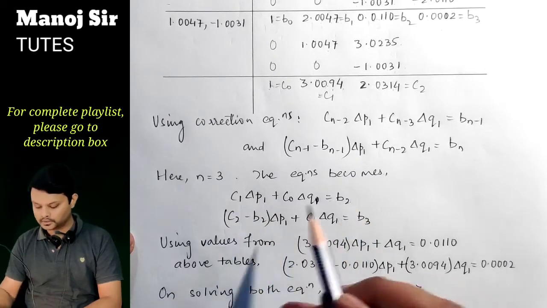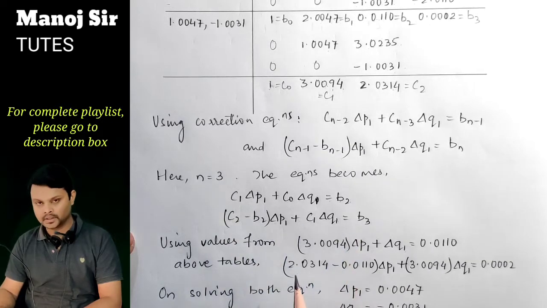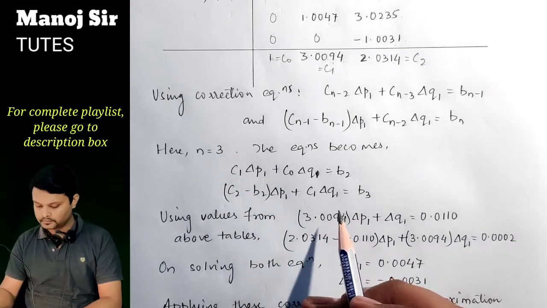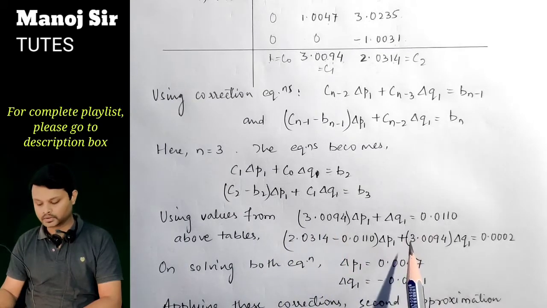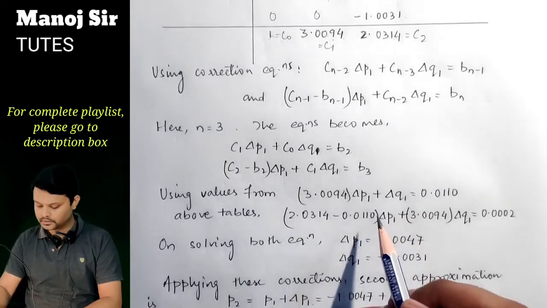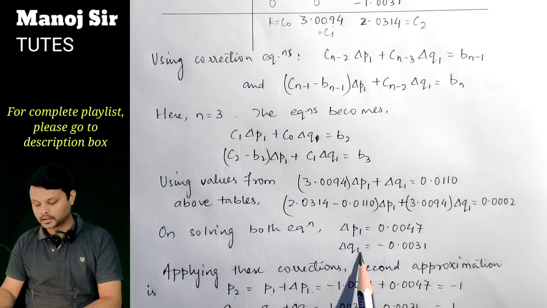You have all the values of C1, C0, B2, C2, B2, C1 and B3. On putting the values, the equations will be these two. Now on solving these two equations, you will get delta P1 as 0.0047 and delta Q1 as minus 0.0031.